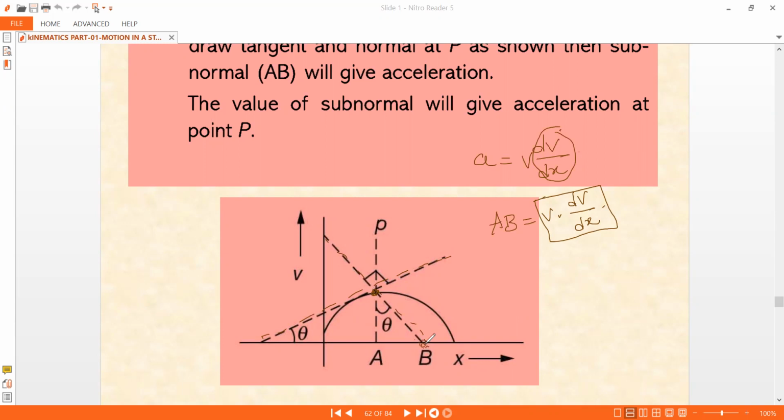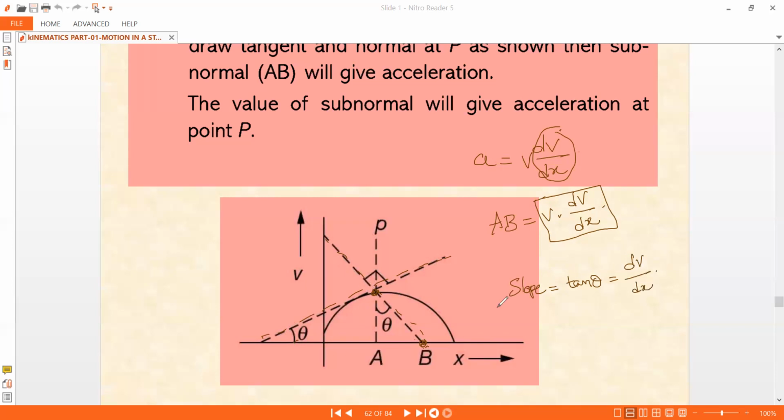Then you draw a line parallel to the velocity axis, that is PA here. The tangent makes an angle theta, and the slope is tan theta. Tan theta is nothing but the slope of the velocity-displacement curve, that is dV by dx.